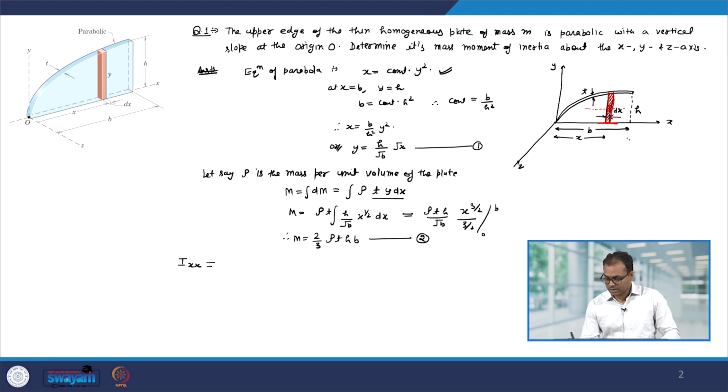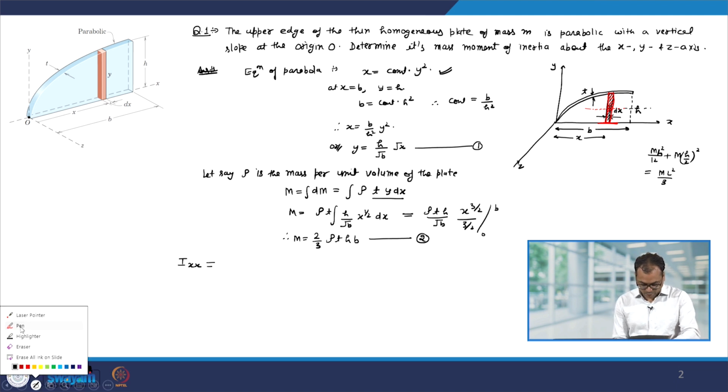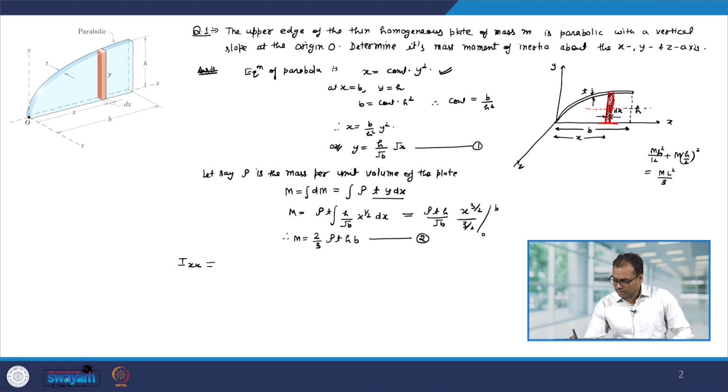The moment of inertia about this line was m l square divided by 12 plus m x square, where x is here h by 2 whole square. This will also be h because there is no L, there is h only. So, this will give you m L square divided by 3. Herein we have used the parallel axis theorem. This is the moment of inertia of this part about the x axis.